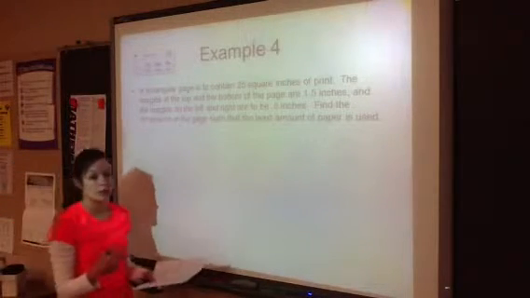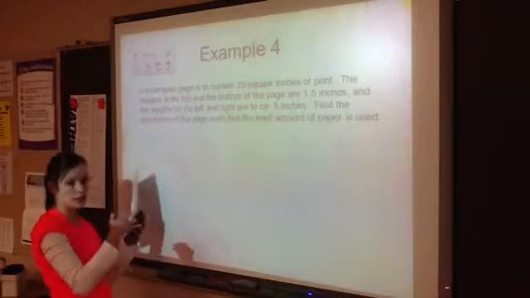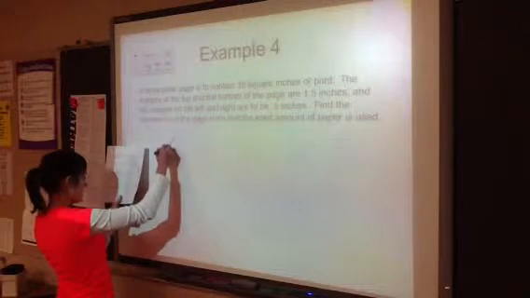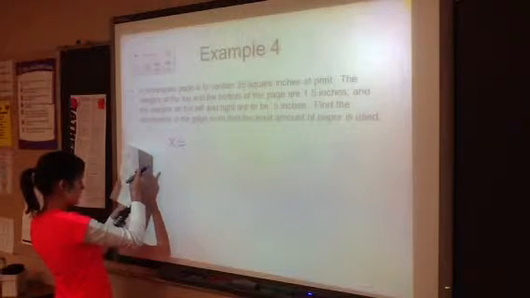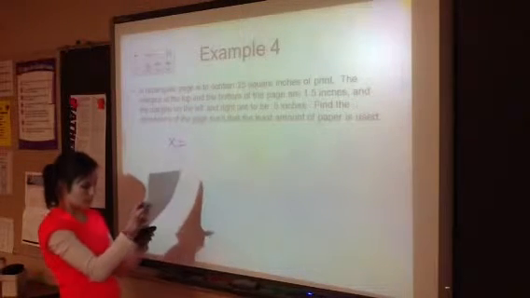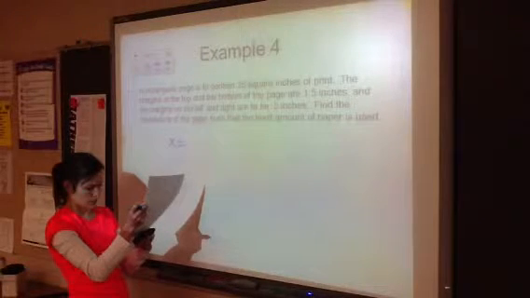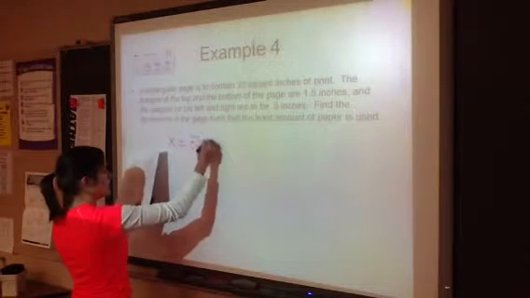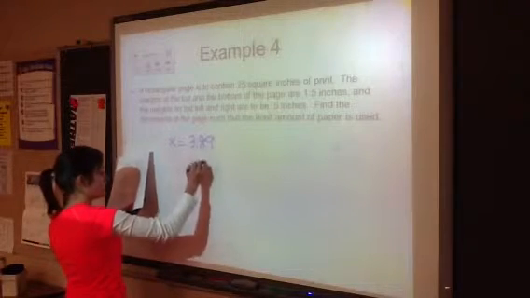I'm not going to walk through all these steps. I'm just going to give you the answers. I believe that if you follow the last directive, you can try and come up with these answers. You should get x equals 3.89, and y equals 11.66.